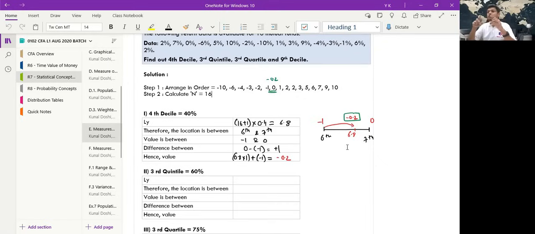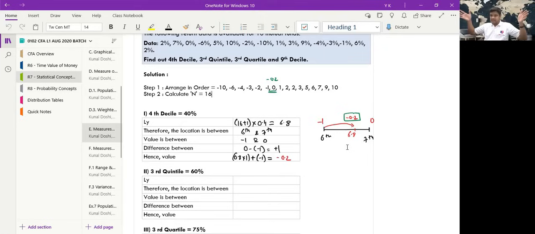If you remember at or below, I will now conclude all those who have scored less than or equal to -0.2, at or below, right? So all those who have scored -0.2 or below, they fall in the bottom 40%. They had asked for 40% of the data.